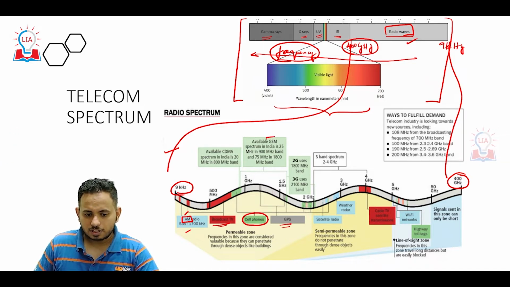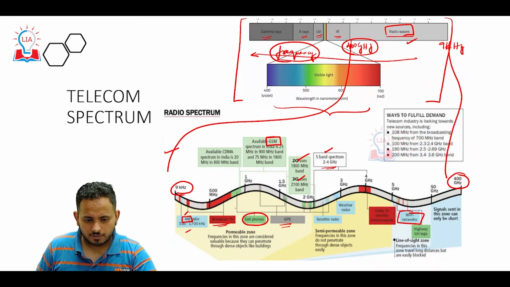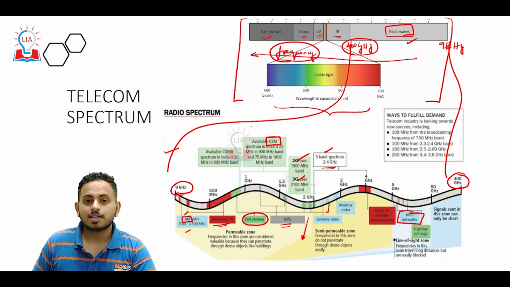Here you can see for the GSM, 2G, 3G, and this is an S band for 2 to 4 gigahertz you can have here. This is the spectrum where we have cell phones, this is the spectrum or the airspace that the government is providing for the private players, which is called as spectrum auction.